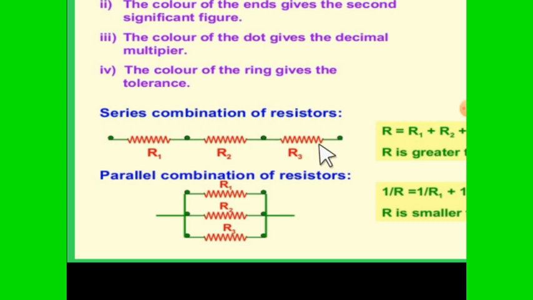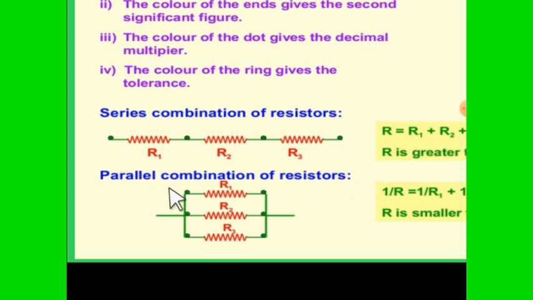And the equivalent resistance of the series connection will be just the sum of the individual resistors, R1 plus R2 plus R3. And lastly, for series connection, the equivalent resistance will be greater than any of the individual resistors.